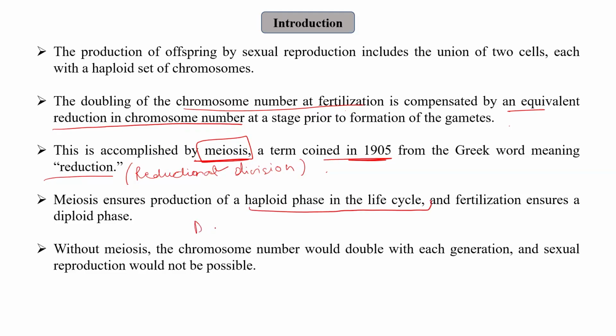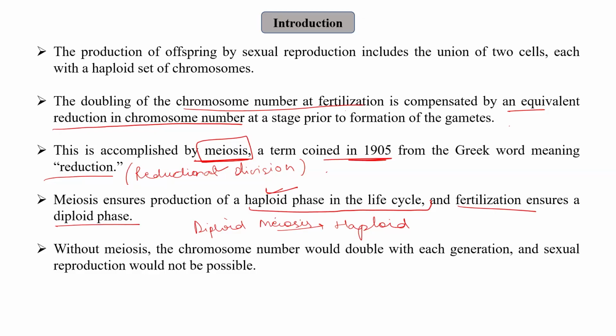So wherever there is a conversion of diploid to haploid, this happens by the process known as meiosis. Meiosis ensures the production of a haploid phase, and fertilization ensures a diploid phase. Whenever a haploid phase is required, that will happen by the process of meiosis, and upon fertilization, these will again be converted into a diploid phase.